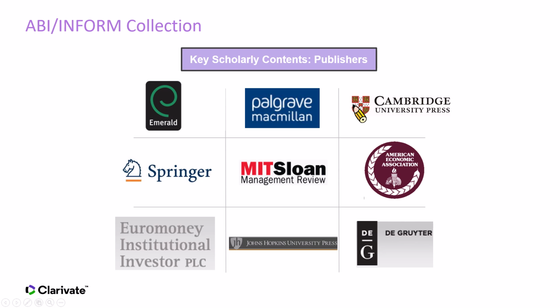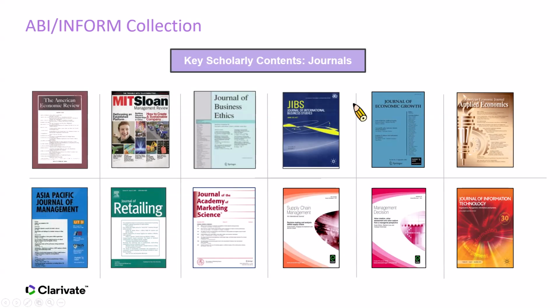These publisher titles you are likely to find in ABI/INFORM Collection. We have titles from various publishers covering all business subjects. No matter whether you are in economics, accounting, finance, or marketing, we basically cover all business subjects, with a lot of high-impact journal titles.